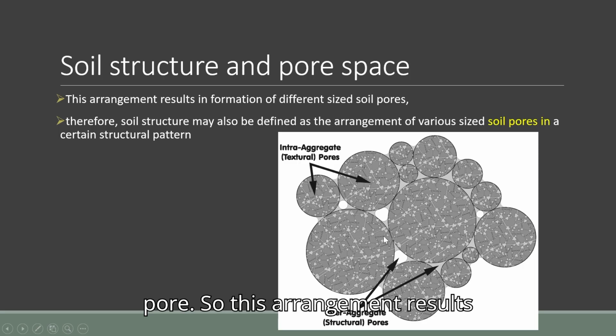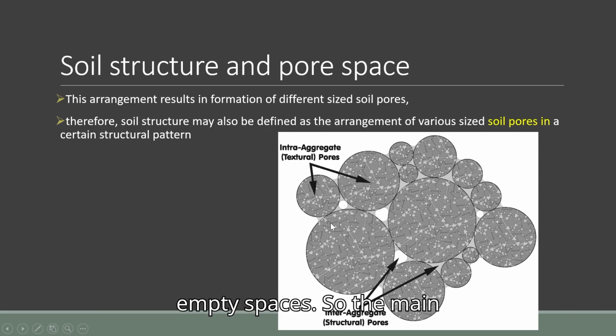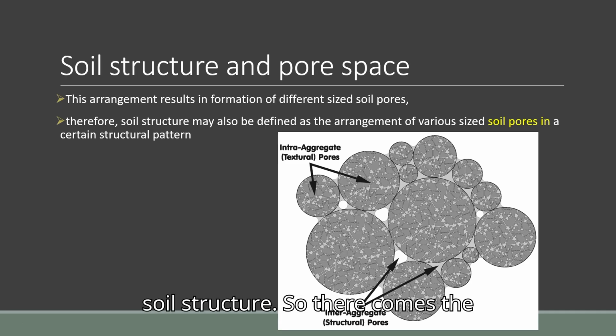So this arrangement results in different sized soil pores. And you know pores means empty spaces. The main factor which influences the type of pore in a soil is soil structure. So there comes the importance of soil structure.